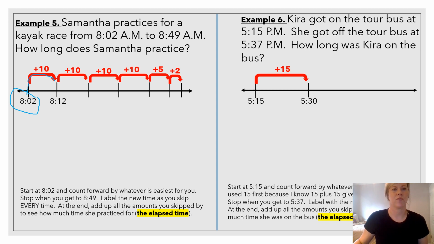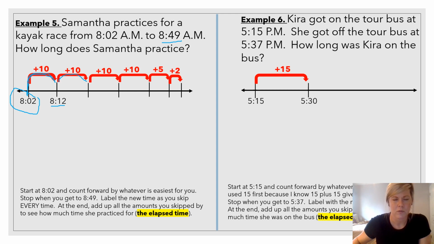Samantha practices for a kayak race from 8:02 a.m. to 8:49 a.m. How long does Samantha practice? Now we have the end time as 8:49 a.m. So that's where we need to stop. If I jump by 10, my new time is 8:12.